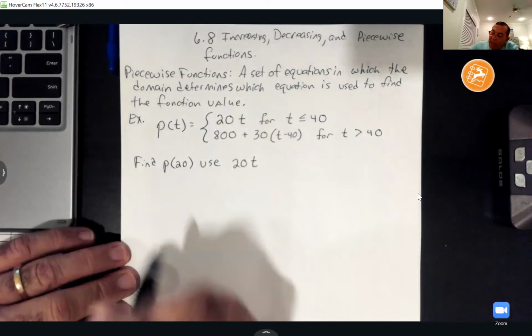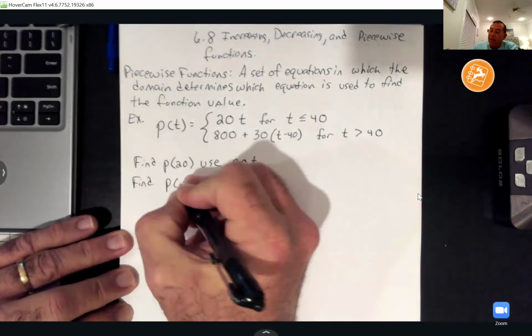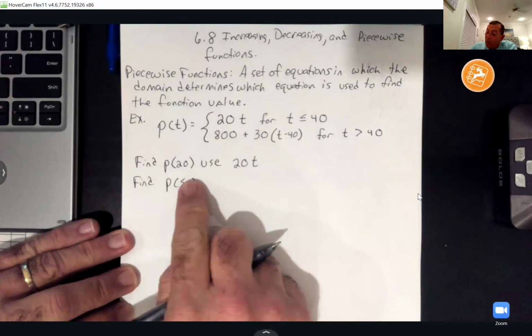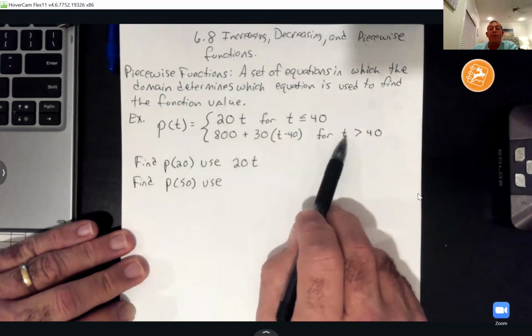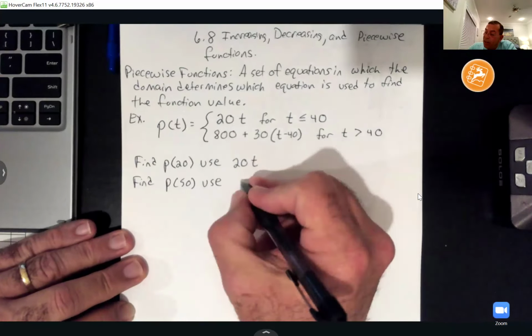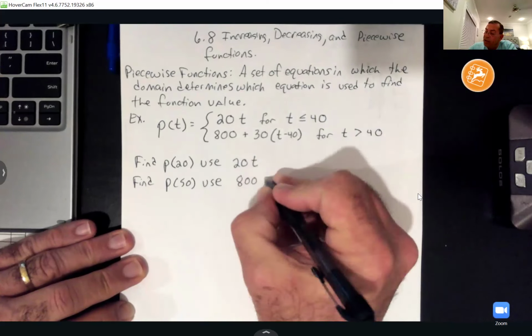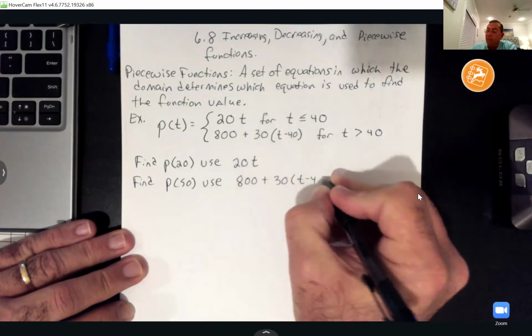And y'all, what if this one I had find P of 50? So if someone worked 50 hours, well, 50 is greater than 40, so I would use this equation, which would be 800 plus 30 times my T minus 40.